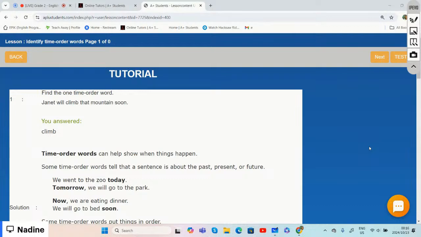So Janet will climb that mountain soon. What is our time order word within that sentence that tells us when Janet will climb the mountain?